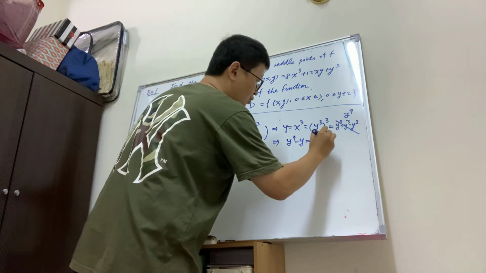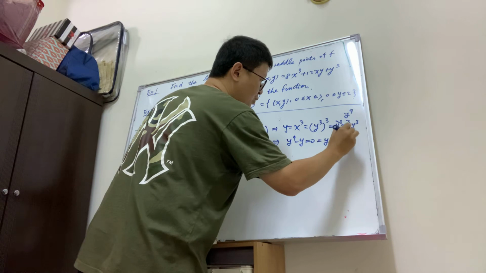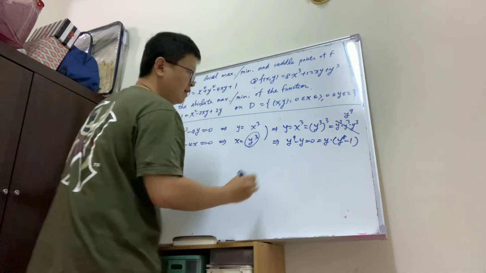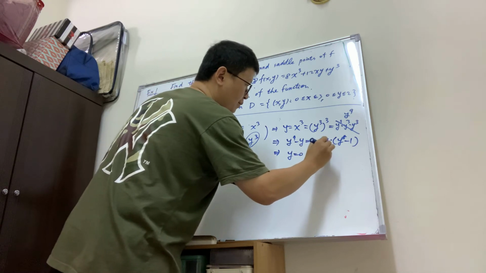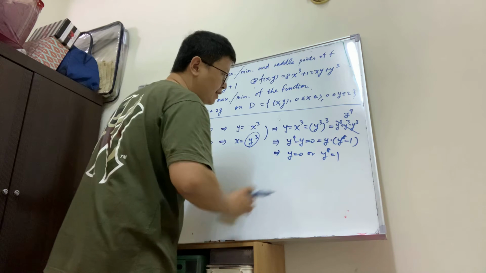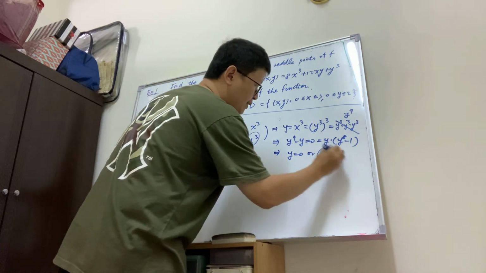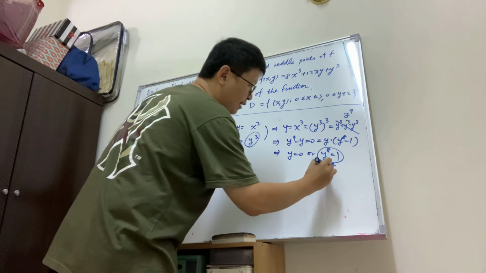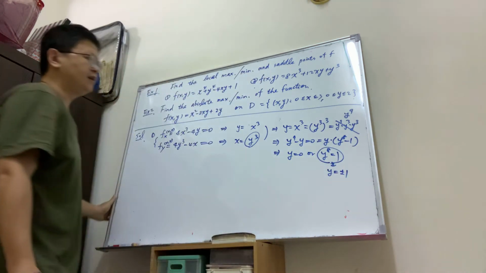And then we could take out a common factor y: y times (y to the power of 8 subtract 1). So what's the value of y? y equals 0 or y to the power of 8 equals 1, right? But which number to the power of 8 equals 1? If it's a real number, then y must be positive 1 or negative 1, right?